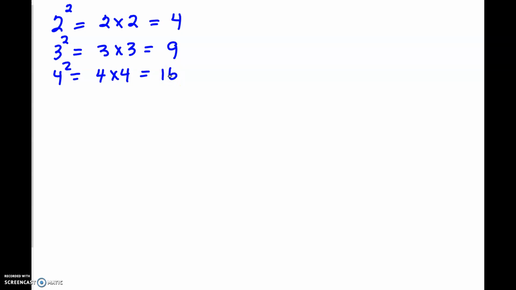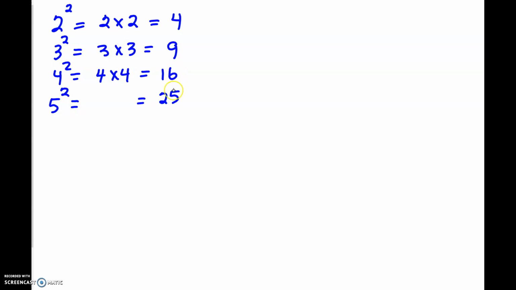All of these numbers, like 4, 9, 16, are called perfect squares because you can take the whole number 5, multiply it by itself, and get 25. 25 is a perfect square.